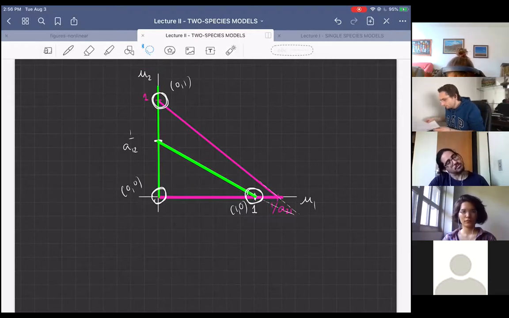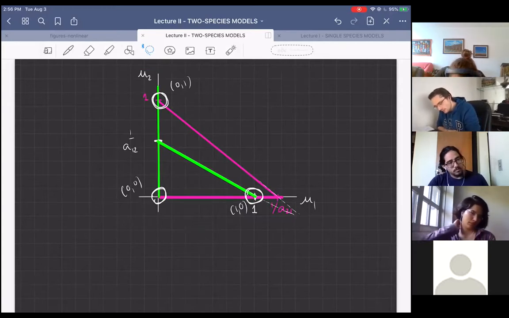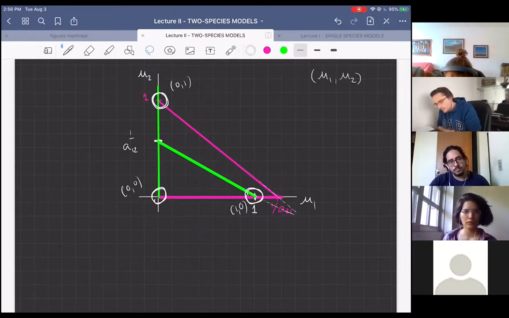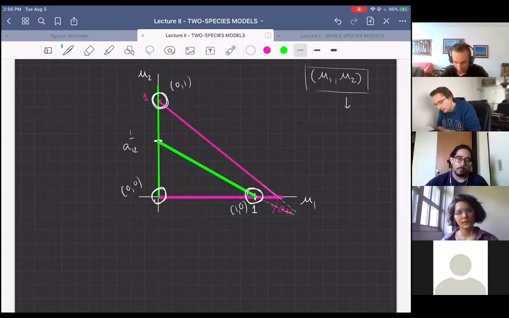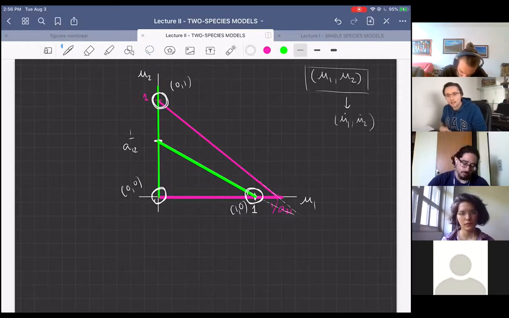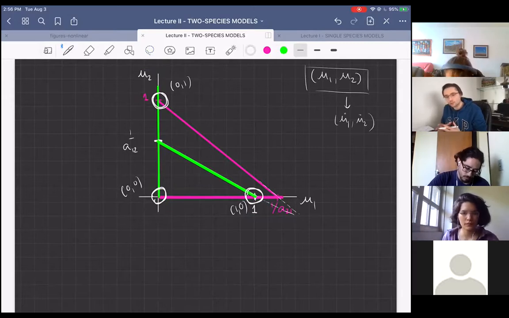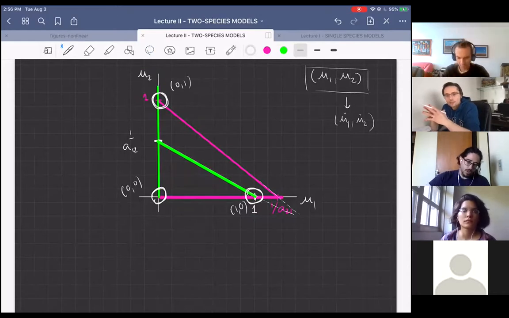So what we have to do now is we have to think that we have here in our phase space U1, U2, for each value of our non-dimensional population sizes, a U1 dot and U2 dot, right? So we have a vector field in our two-dimensional phase space that is going to tell us what is the rate of change of the populations.